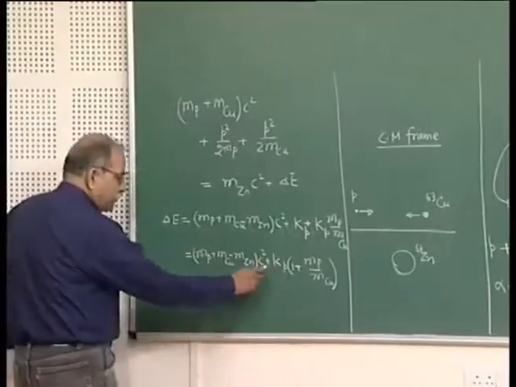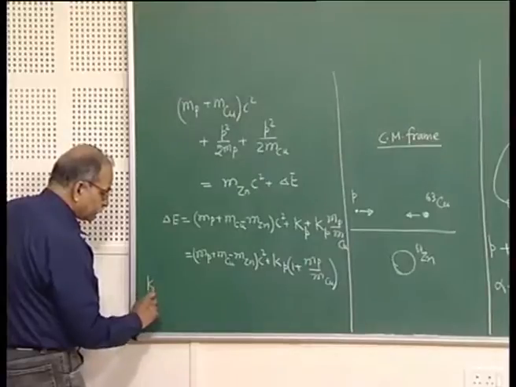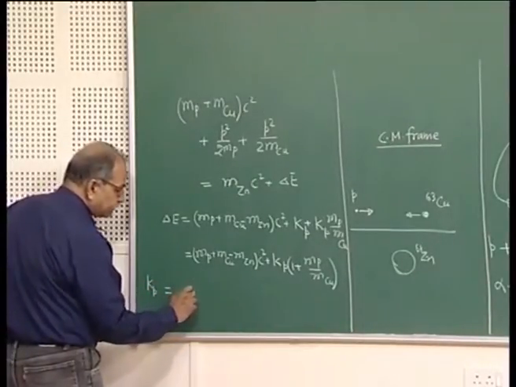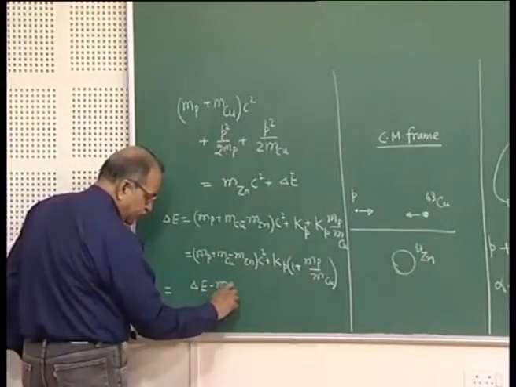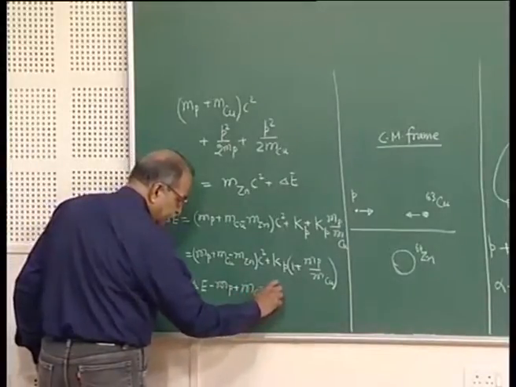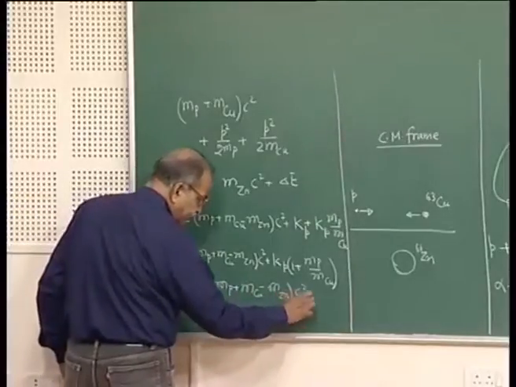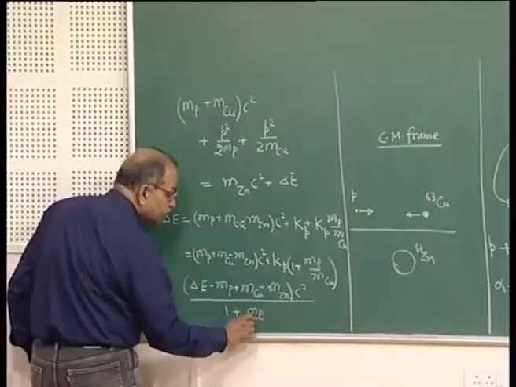Okay. So, Kp you can write from here, and Kp will be delta E minus Mp plus Mcu minus M zinc C square divided by 1 plus Mp by Mcu.